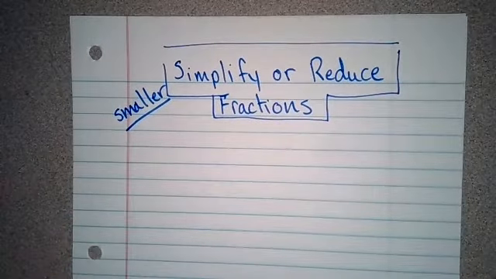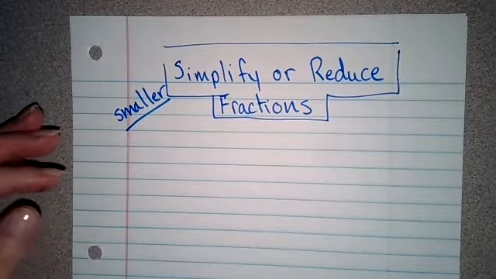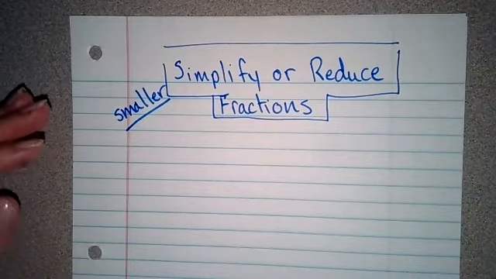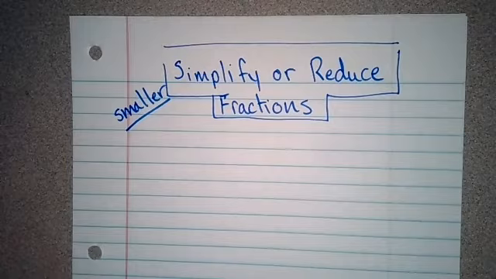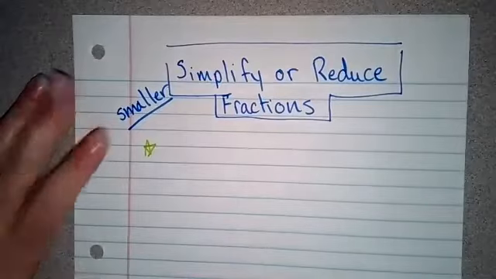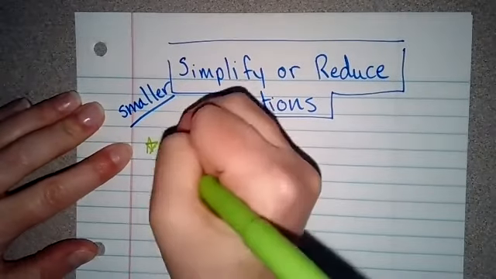Okay, so I'm going to give you some tricks. First one is super simple, and I'm going to put it in green. It's really important because a lot of times you can simplify your fraction really simply.